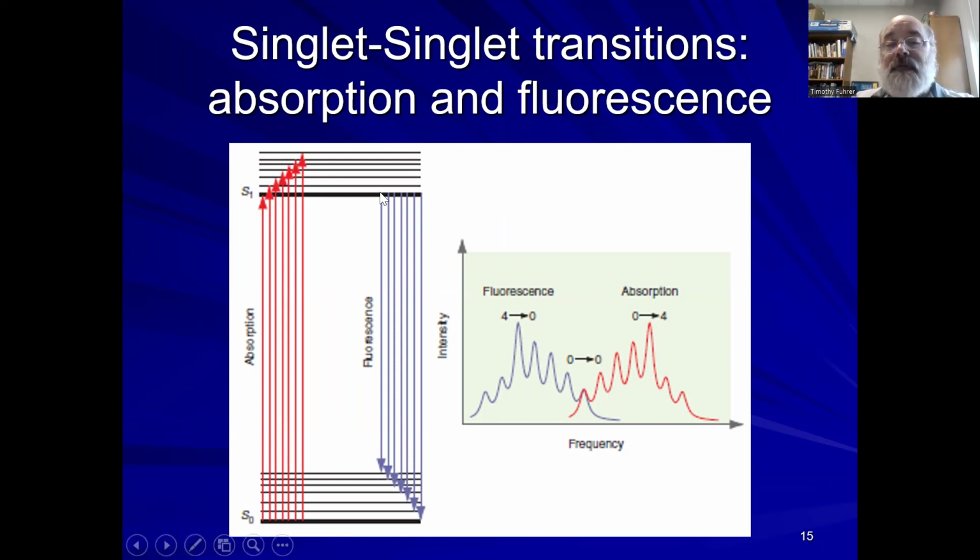Fluorescence is going to be from ground vibration, excited electronic, possibly back to ground, or to ground with higher vibration. And so we see all of these purple transitions symbolized in energy here, where frequency or energy is on the x-axis. And if we look at fluorescence versus absorption, they should have one peak that overlaps. And that peak is going to be the lowest energy transition for that molecule.